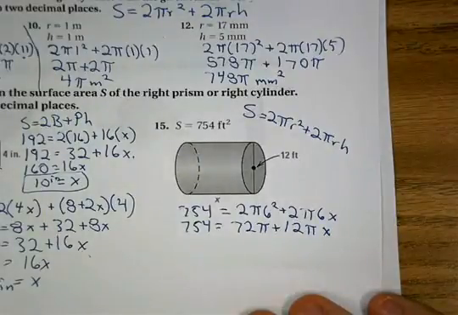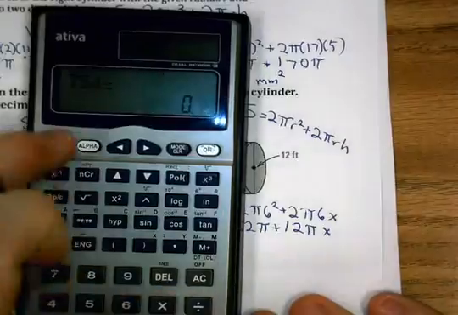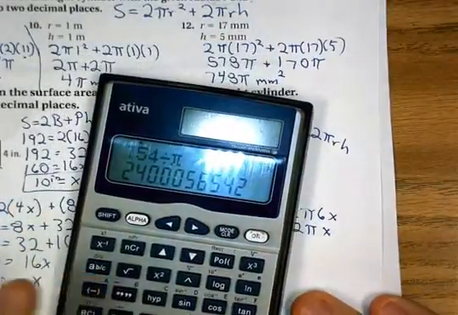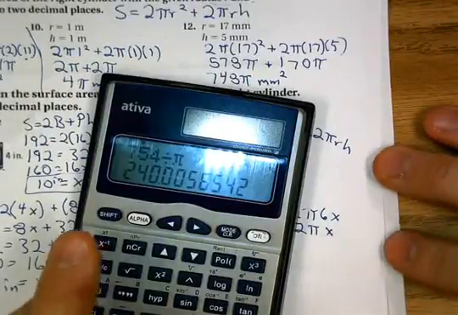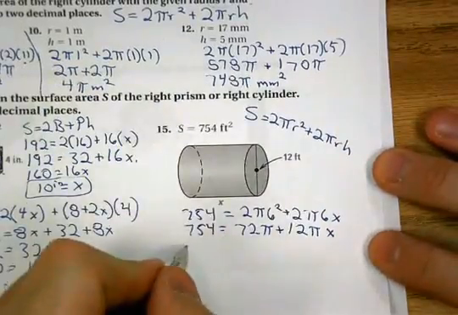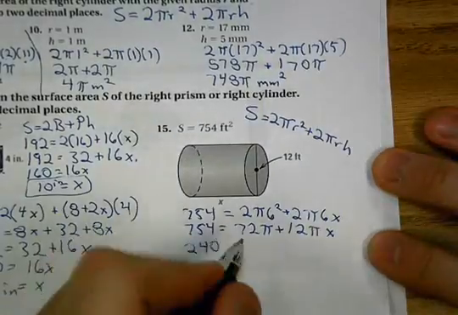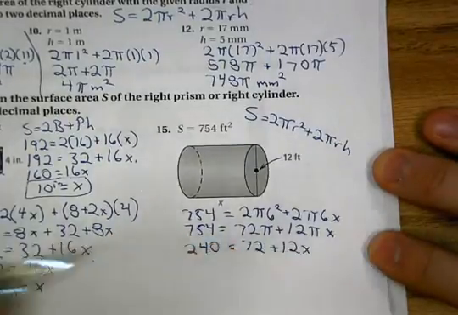Now, what I'm going to do, which may make things a little bit easier, is I'm going to try to divide 754 by pi. And if I do that, I get it's about 240.00. Now, this is an approximation, and we'll be perfectly fine just calling this 240 when we divide it by pi. And by doing that, I've actually divided everything by pi and hence gotten rid of it.